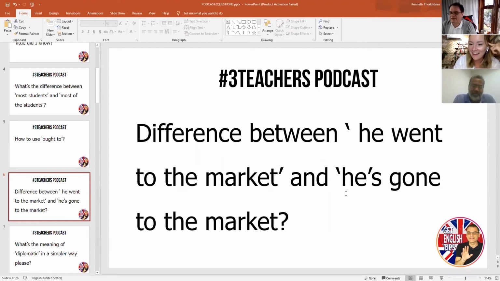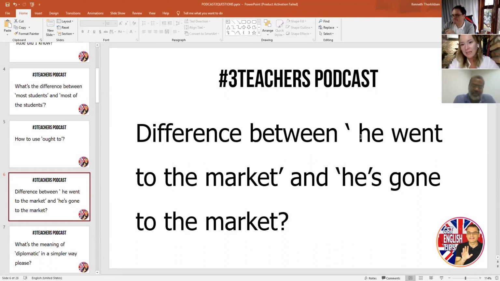What do you think? Okay, so he went to the market is past simple. So when do we use past simple? We use past simple when we talk about things that happened long ago and the story is over, it happened in the past. So he went to the market. When we say he's gone to the market, this is present perfect.